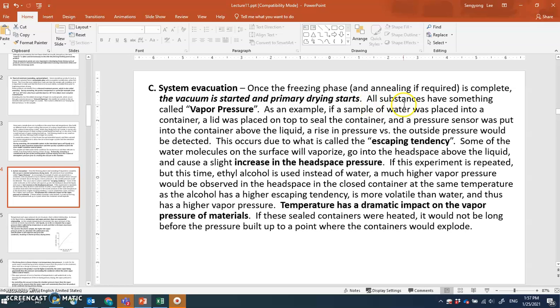Okay, so when you start this, you need to understand vapor pressure. What it means is you should be able to establish a gradient of pressure, where your drug vial should be at the highest pressure, and then the vapor flows towards the condenser where it will be crystallized again.